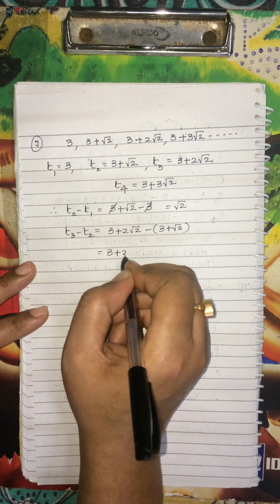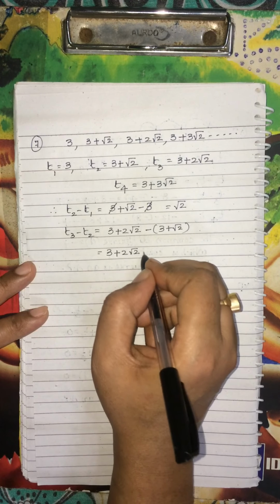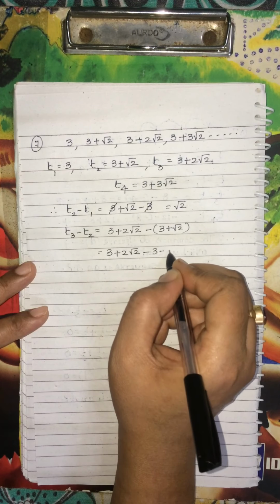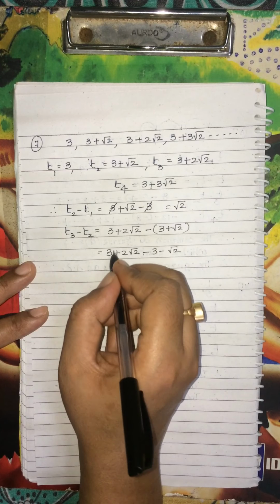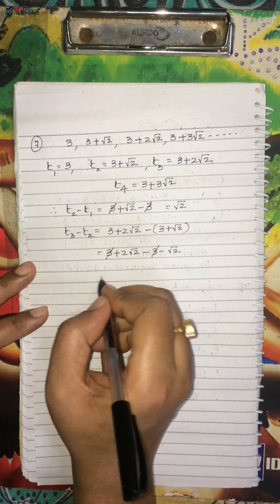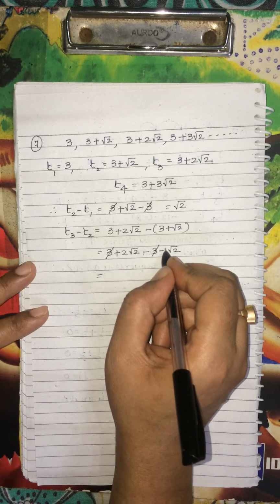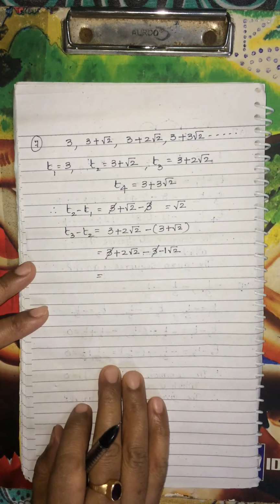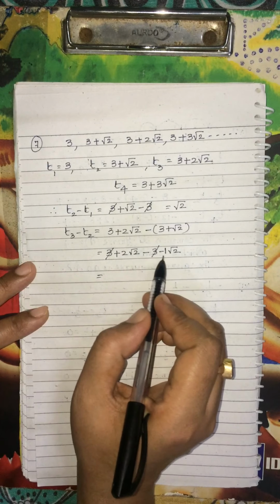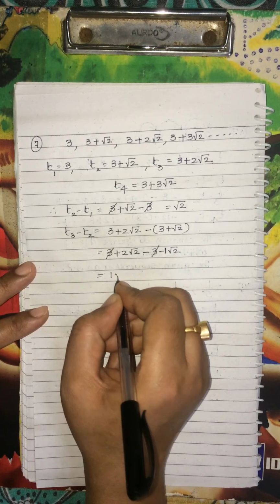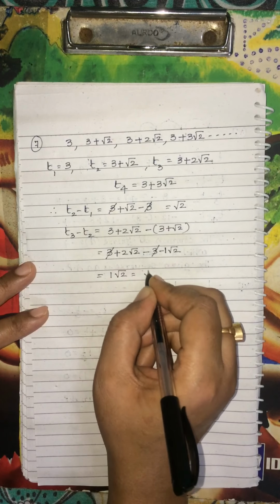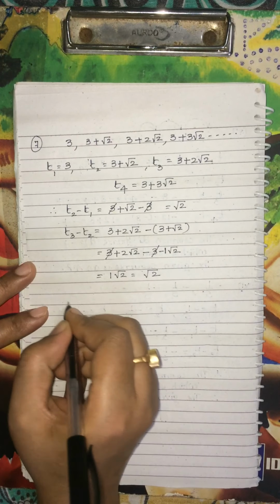Now the change of signs when you open the brackets, minus 3 minus root 2, 3 minus 3 cancel, and root 2 has no number with it, means always the 1. 2 minus 1 is 1 root 2, can always be written as only root 2.